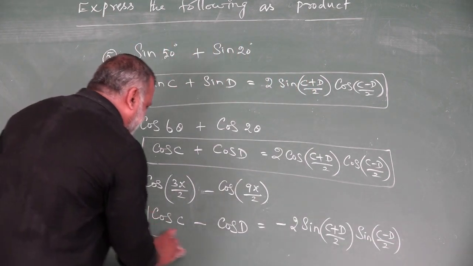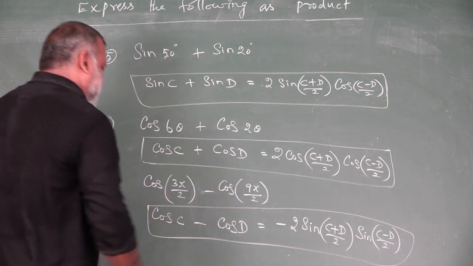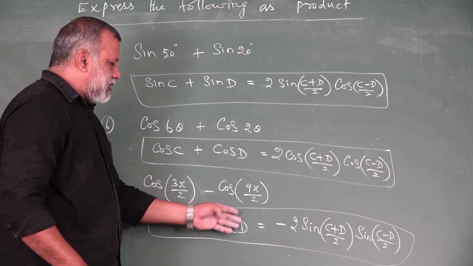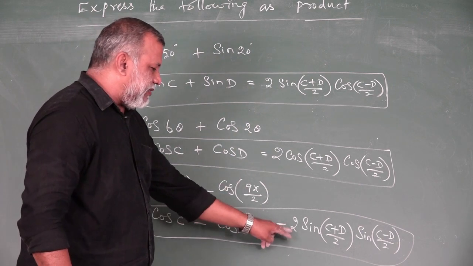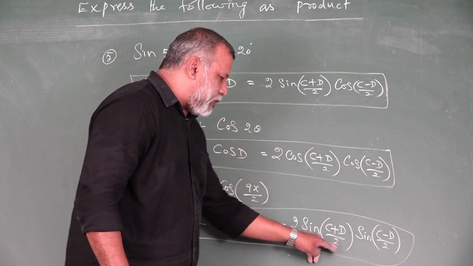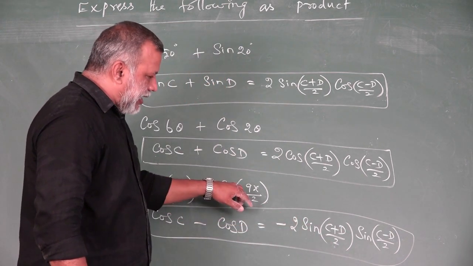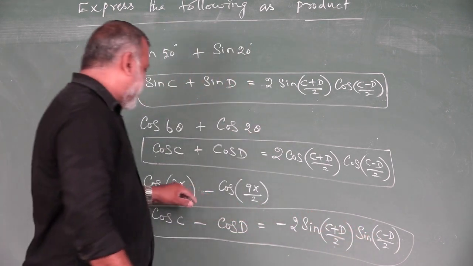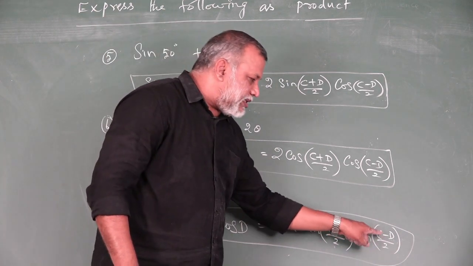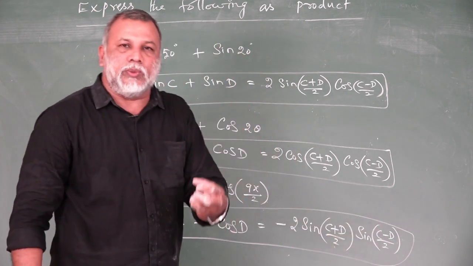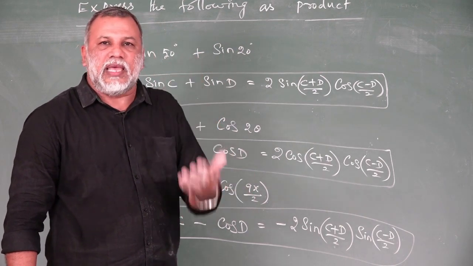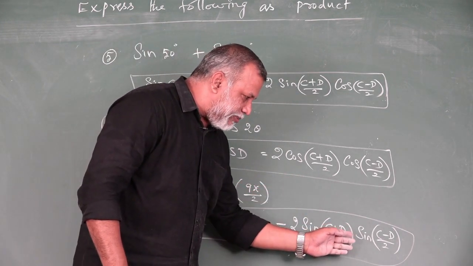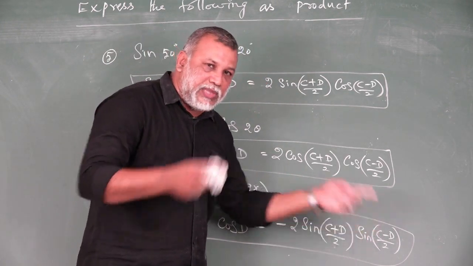So again you can substitute that. Here carefully use 3x by 2 instead of C, 9x by 2 instead of D. Substitute here, we get 2 sin C plus D by 2, instead of C 3x by 2, addition with 9x by 2. So simplify that value. Here also 3x by 2 minus 9x by 2. Suppose in this place you get a negative, that negative will come out. The reason is sin emits the negative. Therefore, if you are doing the simplification and you get a negative, that negative will come out.